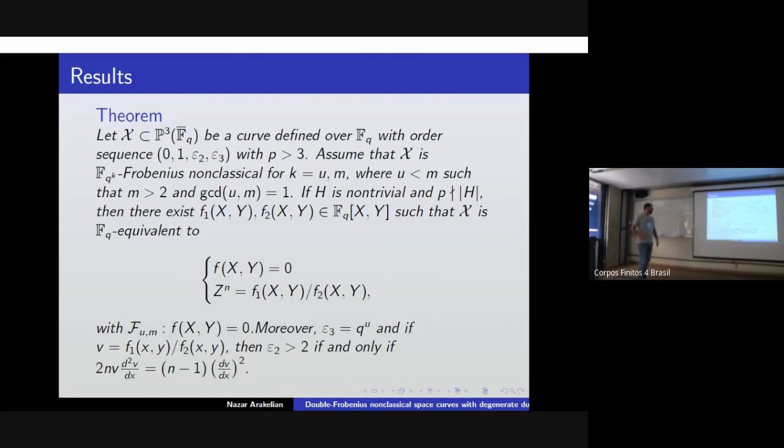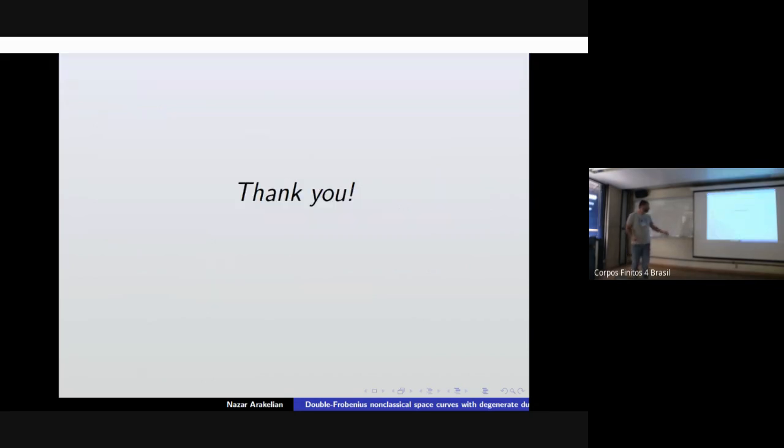And if we call V the projection of this rational function on the function field of the Borges curve, then epsilon 2 is bigger than 2 if and only if this V is a solution of this differential equation. And well, that's it.